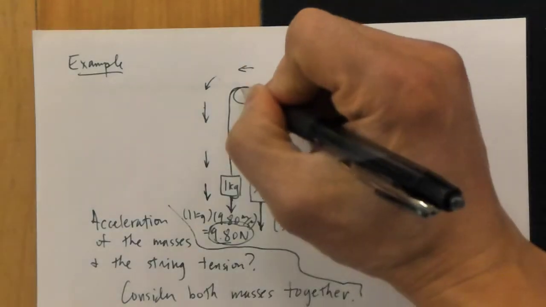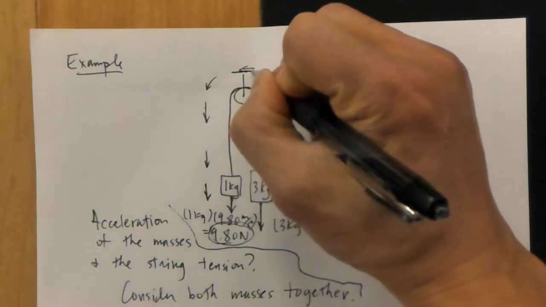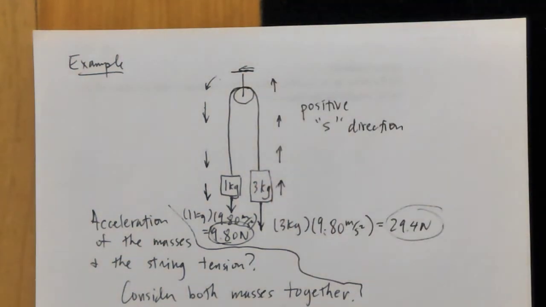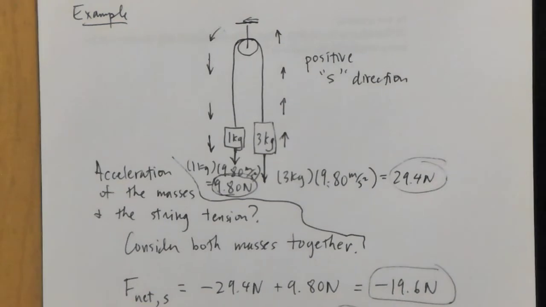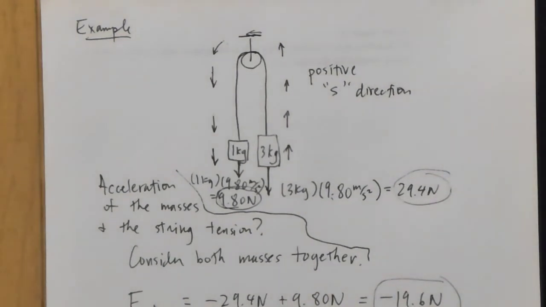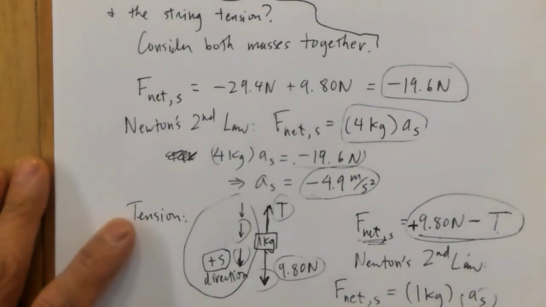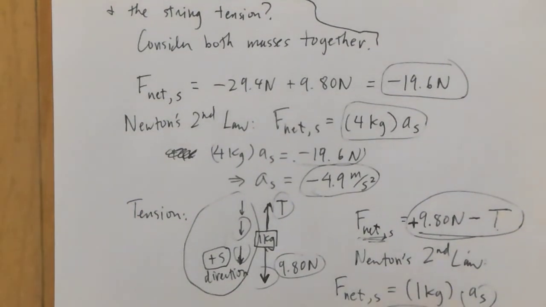That's right. So if it was just like this, then it would be holding 4 kilograms times g force. So you're already looking at the answer here. Yeah, that's a good point.